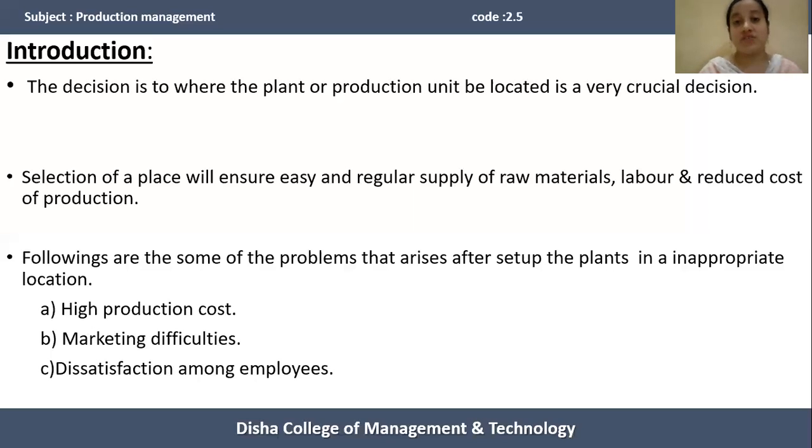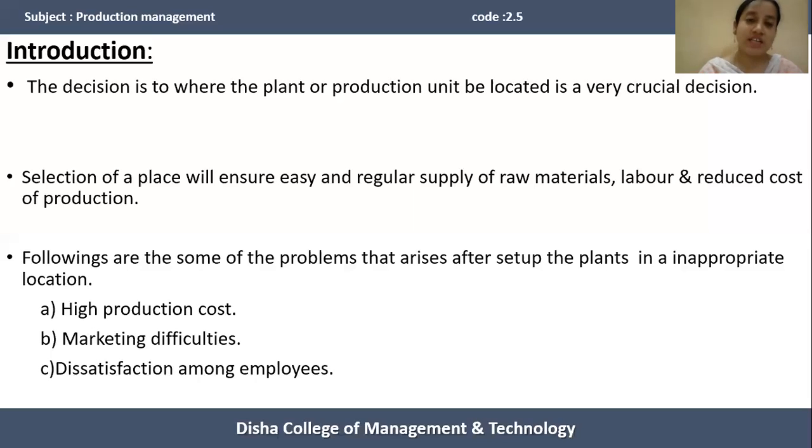So every industrialist should take due care, utmost care, while identifying a good location for their plant. If they are not able to identify a proper location, then it brings a huge loss to the organization.